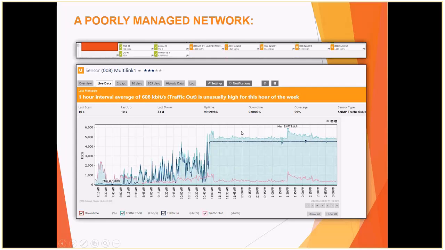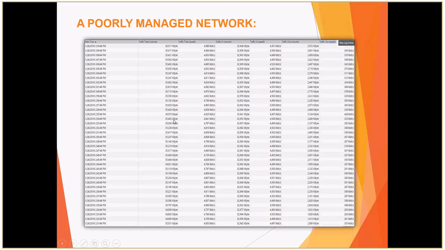And right here is the total traffic. This customer only has 30 meg of bandwidth, but as you can see here, it went to 35 and stayed there for a while.